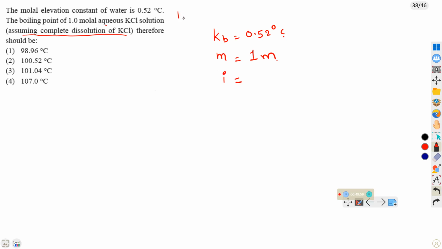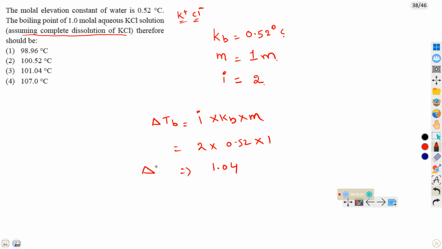KCl dissociates to give 2 moles of ions. I value is equal to 2. First, delta TB is equal to i into Kb into m. Simplify. 2 into 0.52 into 1, that is equal to 1.04.